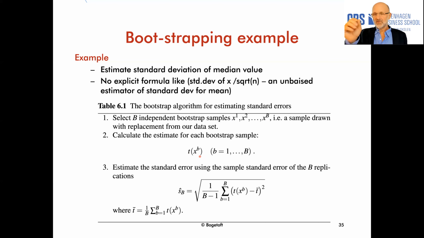So you basically have B observations of means, or medians, and then you can just take the standard deviation of these observations, where I take each observation minus the average observation, I square them, I sum them, and I divide by the number of observations minus 1, and then I take the square root, because I don't want the variance, I want the standard deviation.